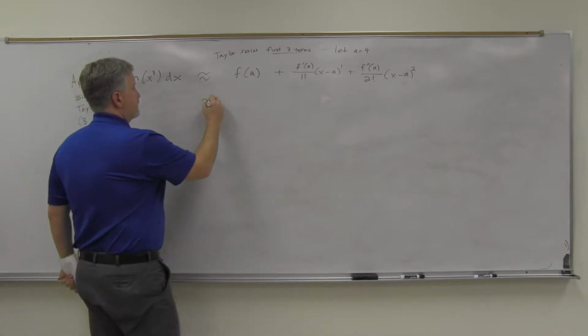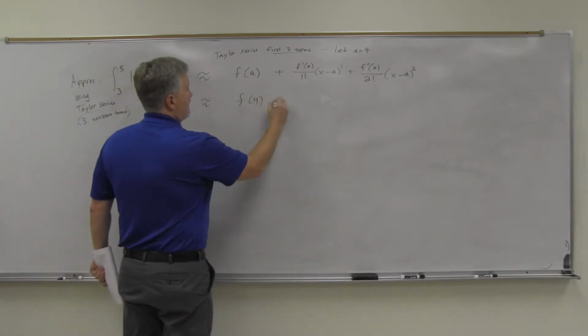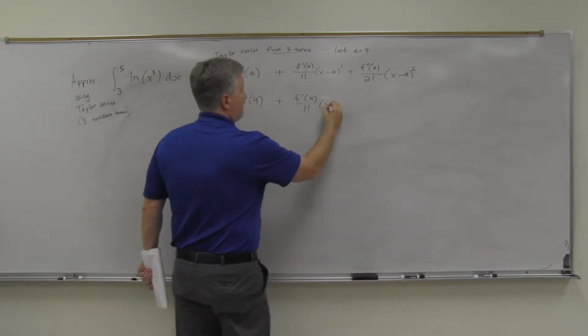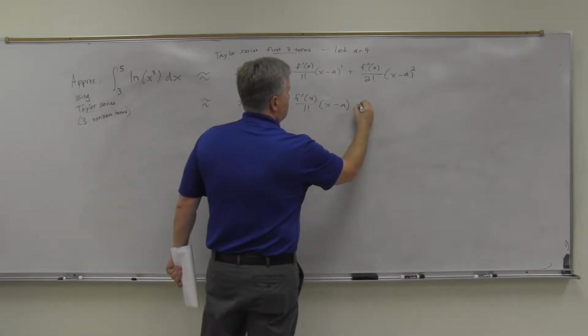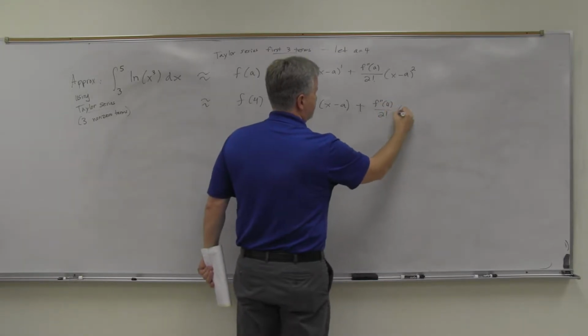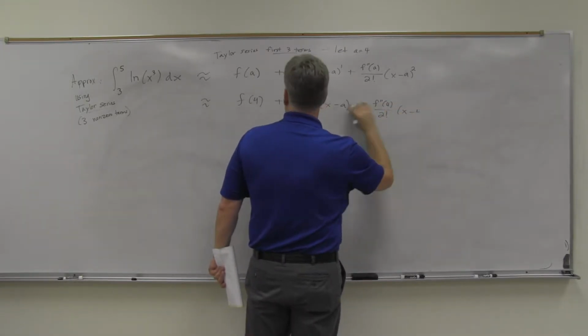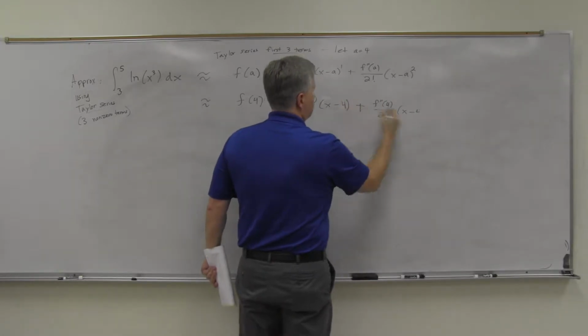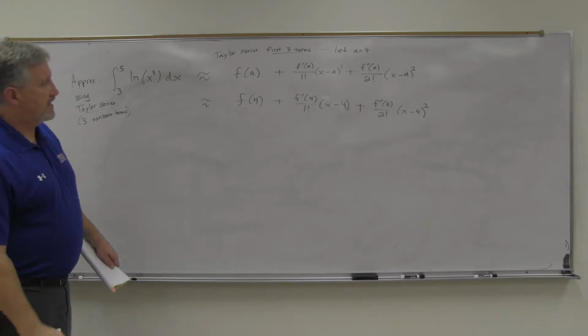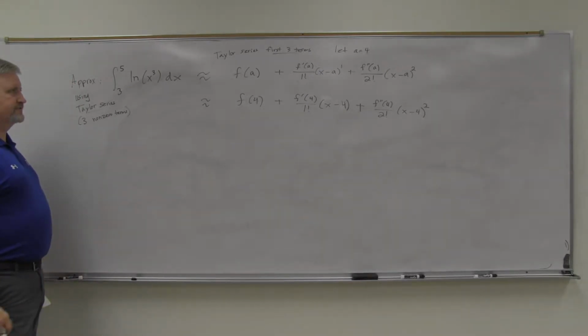So we do f of 4, f prime of 4, and then f double prime of 4. Those will probably be non-zero. So let's do that. Let a equal 4. Seems to be a good center for us on that one.